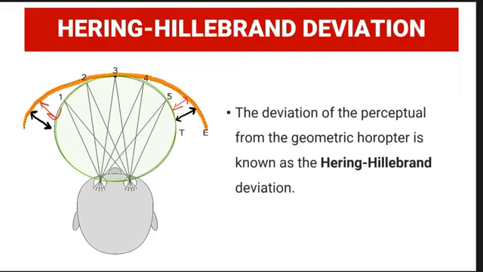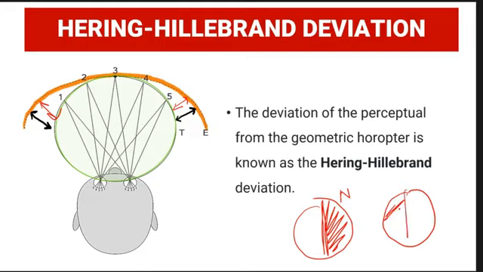The reason is that in the retina, basically, we have more number of photoreceptors present on the nasal side compared to the temporal hemifield, right? Now, since there are more number of photoreceptors per unit area in the nasal retina compared to the temporal hemiretina, definitely the temporal field of view is going to be larger compared to the nasal field of view, and that is the reason why you see this elliptical formation of the empirical horopter.